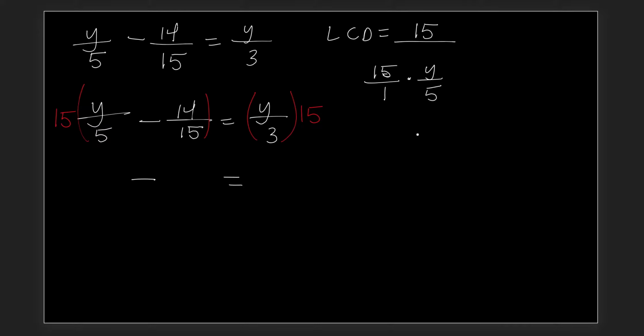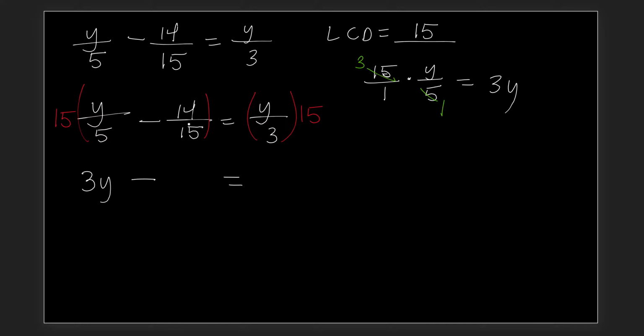So 15 over 1 times y over 5, and so the 5 goes into 5 one time, 5 goes into 15 3 times, and so 3y over 1, 3y, same thing, and that whole thing is replaced by 3y.